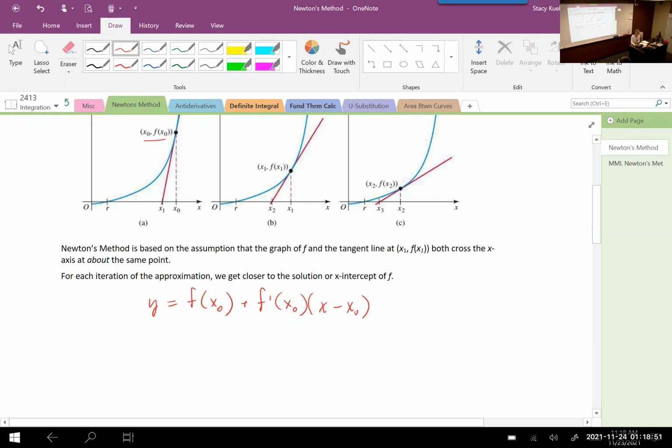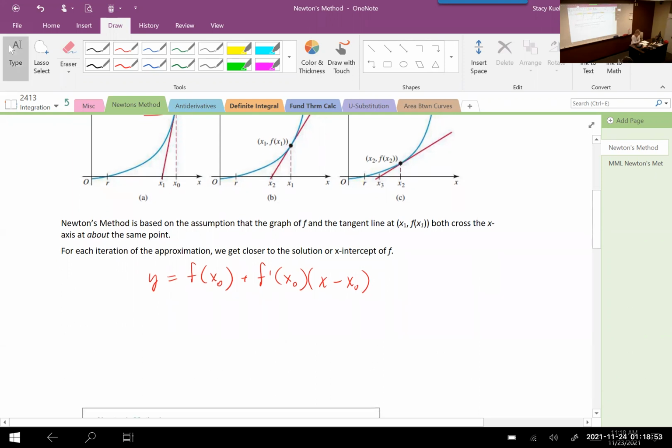Now, if we want to get particular and ask what happens if we are talking specifically about passing through the point x1, 0? In other words, what's the approximation of x1 using that tangent slope we were just referring to?